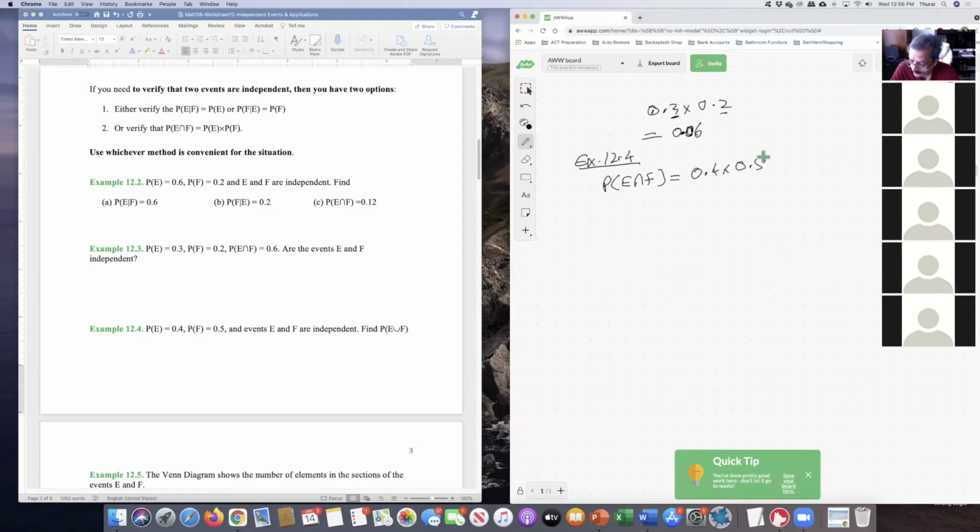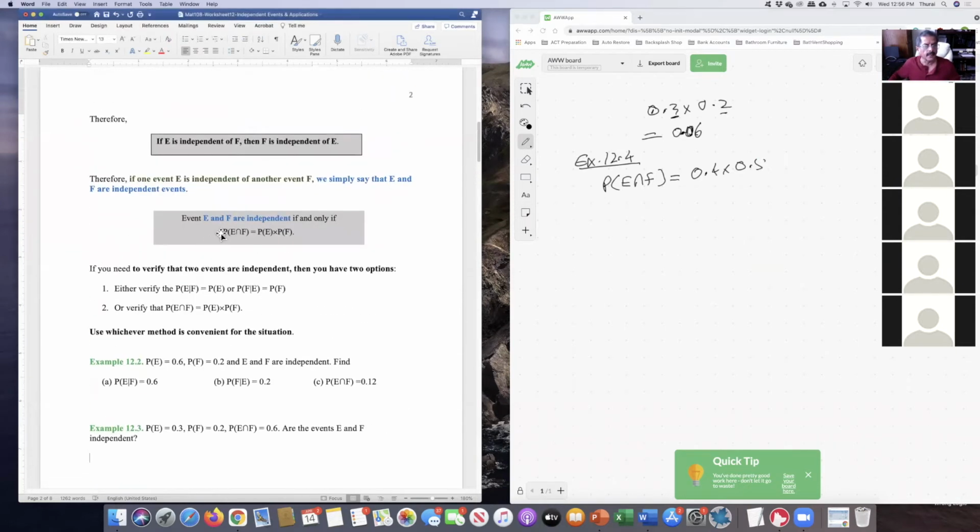So 0.4 times 0.5 will be the intersection because they are independent. Because they are independent, we have this fact: the probability of E intersection F is the same as the probability of E times the probability of F, and that's what I'm using. The product of those two probabilities gives the probability of the intersection, which is 0.2. Now we can apply the union rule.